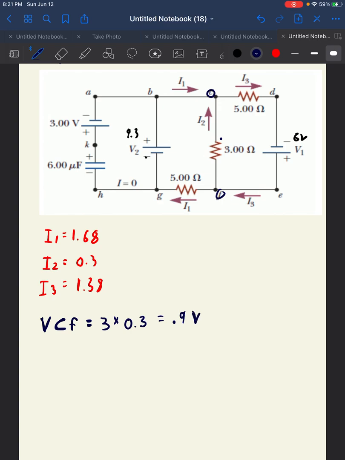So the voltage at this resistor here is actually 0.9 volts.